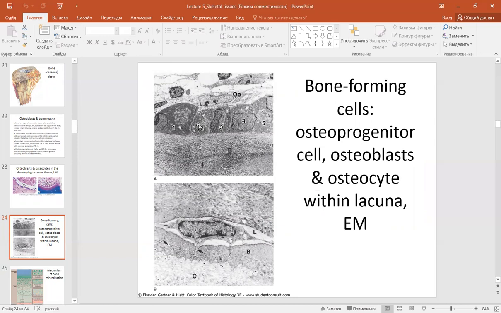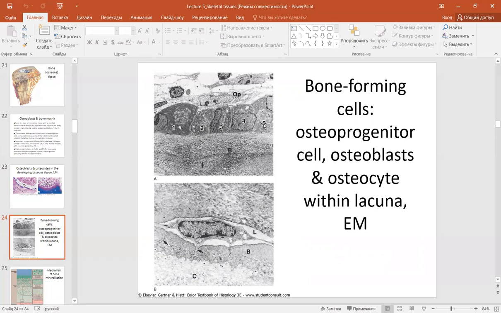As discussed in a previous lecture, clear recognition and definition of the connective tissue cells is available with electron microscopic magnification, which opens the details of the morphology of the structure, nucleus and cytoplasm of the cells of connective tissue. The same is in the osseous tissue: osteoprogenitor cells are located on top of the osteoblasts.